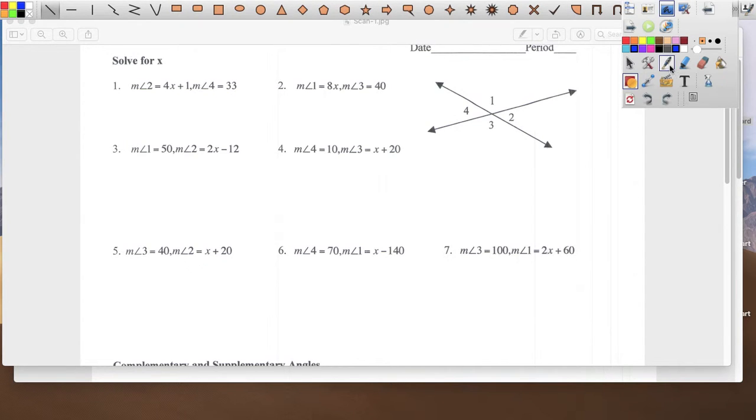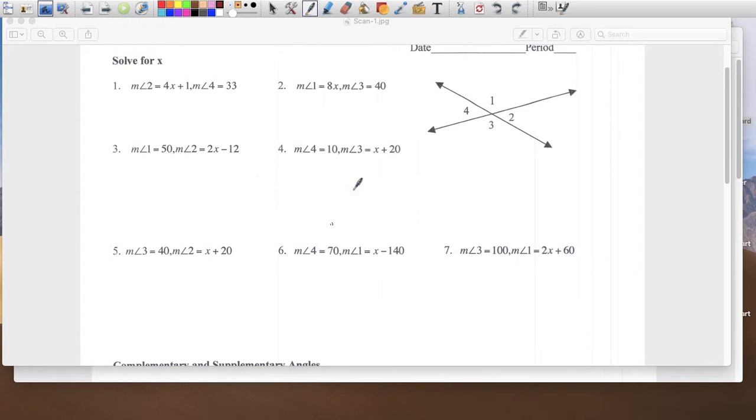Number 6 says that angle 4 is 70, so I'm going to write 70 degrees over here. And angle 1 is x minus 140. So I have two angles. And I know that this angle plus this angle, and again, let me shade the straight line, they should give you 180, right?